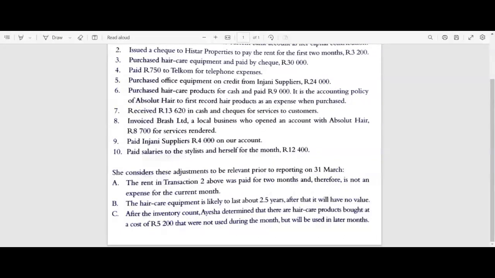So that means we have accrued the services that we've rendered. We've now indicated that that business, Brash Limited, owes us 8,700 for the services that we've rendered. So what really happens in practice, they've sent their staff to our hair salon, to our Absolute Hair business. We've dressed their hair, so we've given them fancy haircuts, or we've styled them pretty.